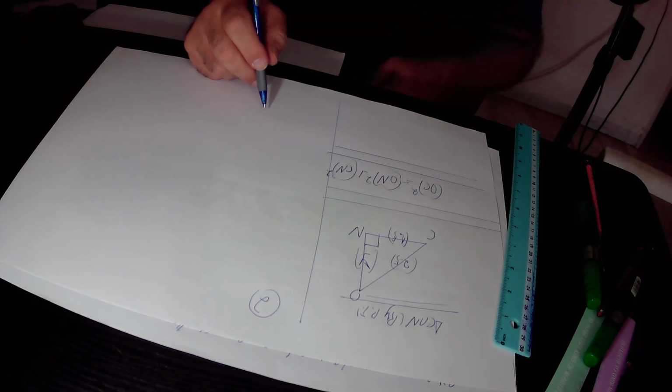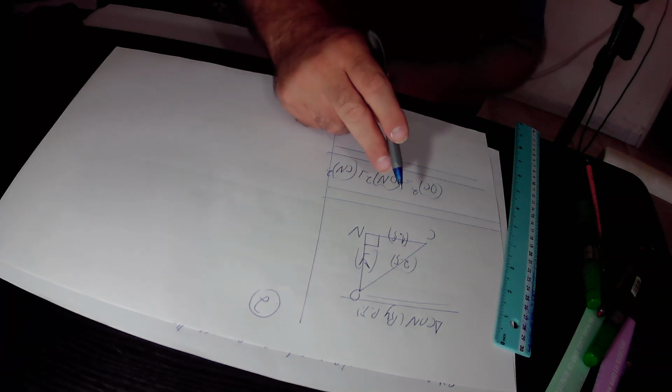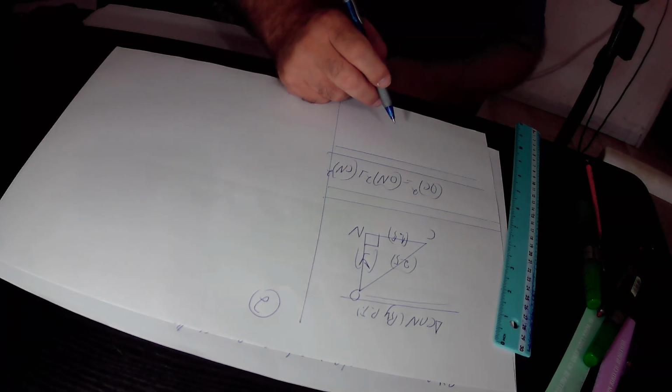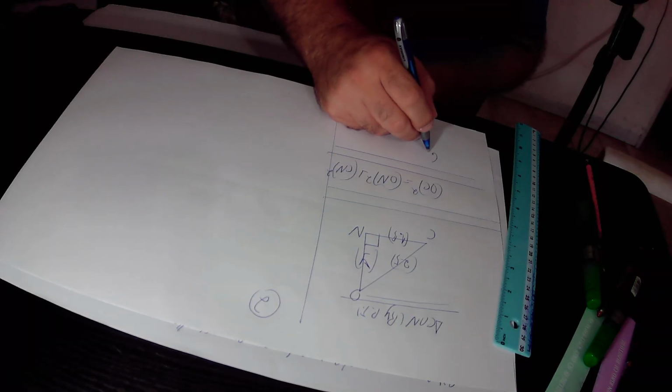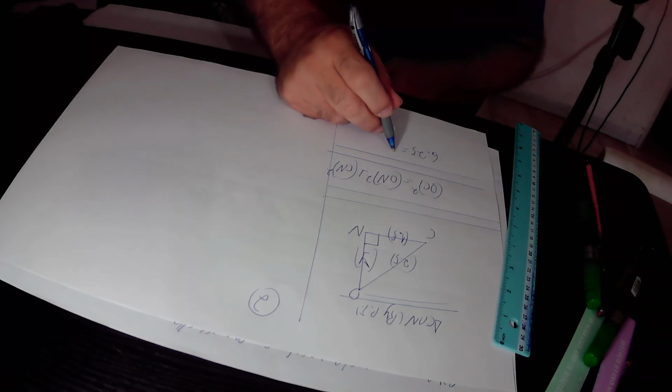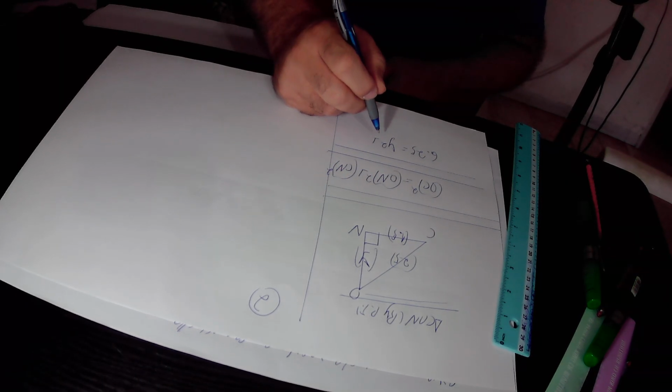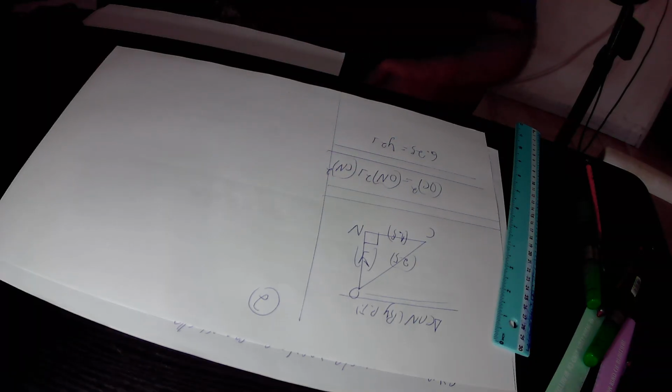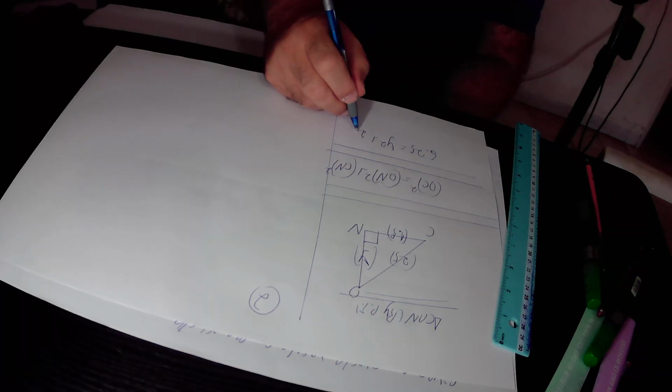The hypotenuse OC equals 2.5 units in length, therefore OC squared is 2.5 squared, that is 6.25. And it equals ON squared. ON is y, therefore ON squared is y squared, plus CN squared. CN is 1.5, therefore CN squared is 1.5 squared, that is 2.25.